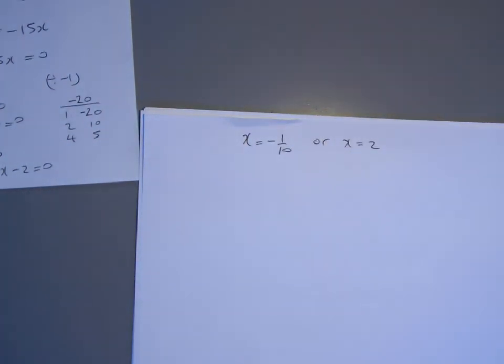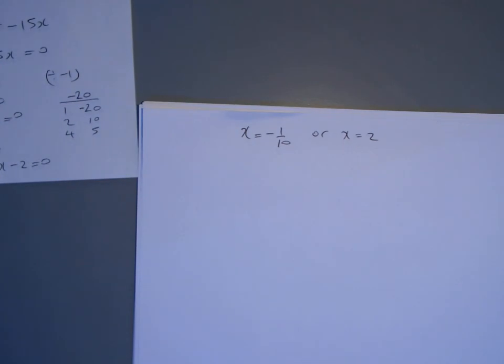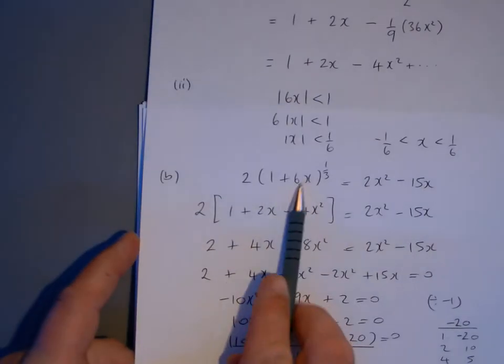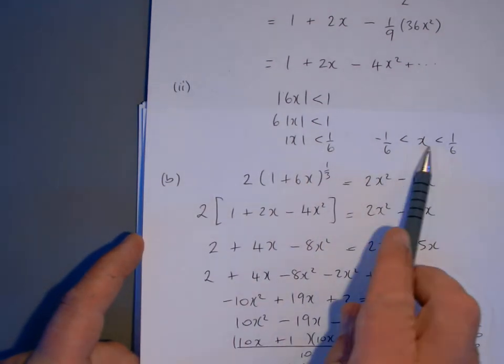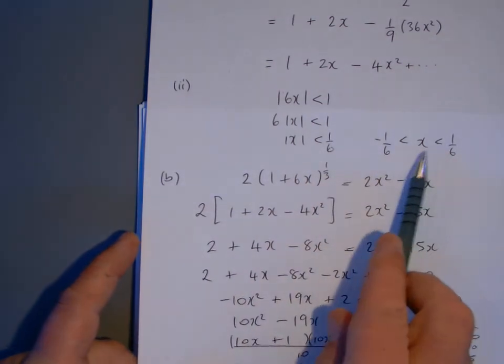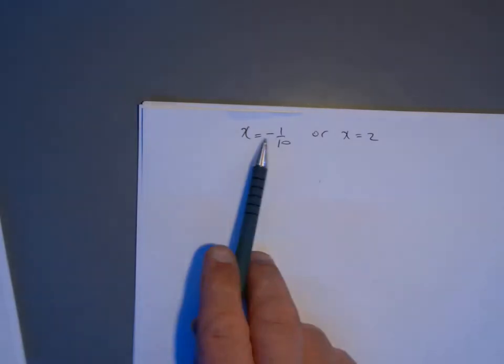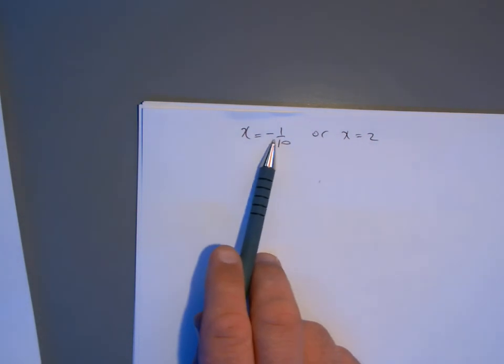Now remember the question said to find one root, and we've got two answers out. However, only one of these is valid, because remember we've used the expansion, and the expansion is only valid for these x values here. It's got to be contained within the modulus of 1/6. Okay, so clearly it's going to be that one, because that's less than 1/6, or greater than minus 1/6.